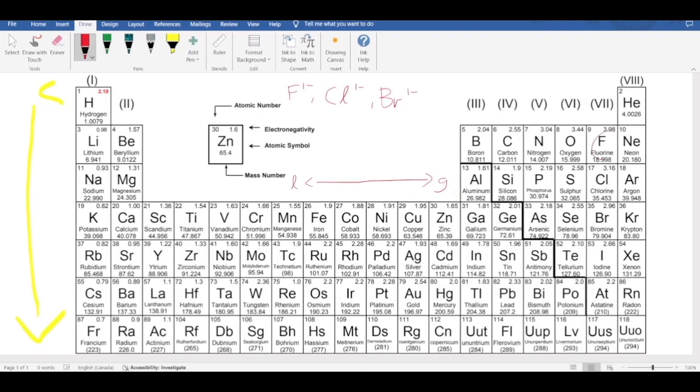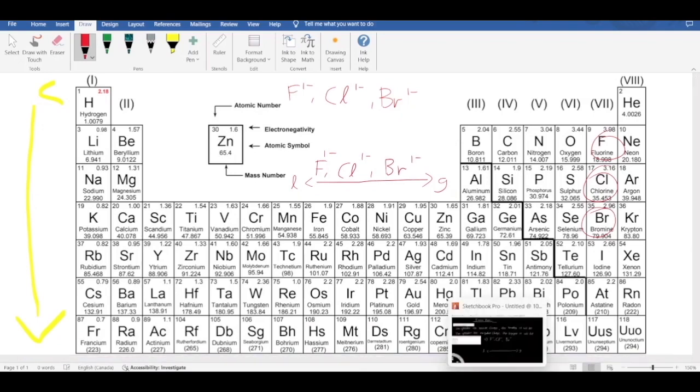Where is F? Right over here. Cl over here. Br over here. Quite obvious that the F is going to be the smallest. It's towards the top right. Then the Cl. Then the Br. So far, quite easy.